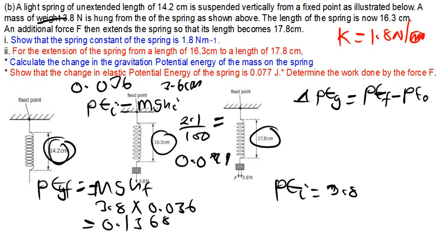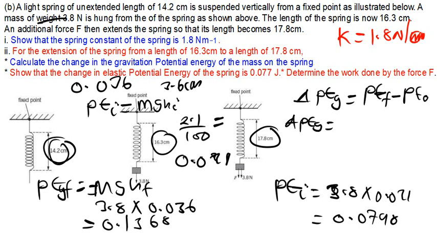So 3.8 times 0.021, I'm getting 0.0798. So I'll say the change in gravitational potential energy will be equal to the final, which is 0.1368, minus the initial, which is 0.0798.